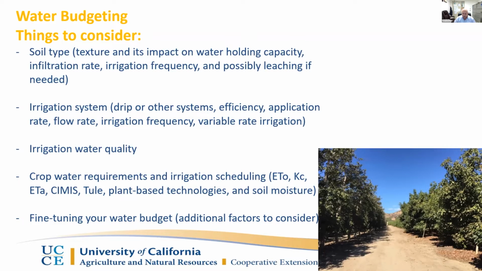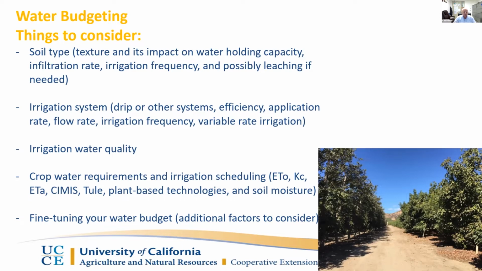We also want to consider variables related to the irrigation system. If I'm irrigating on a slope, and I have a farm where part of it is on a slope and part of it is flat, I may want to have 2 or 3 different zones. I don't want to irrigate everything to the same level and the same irrigation frequency.